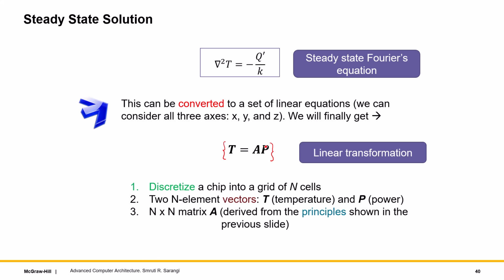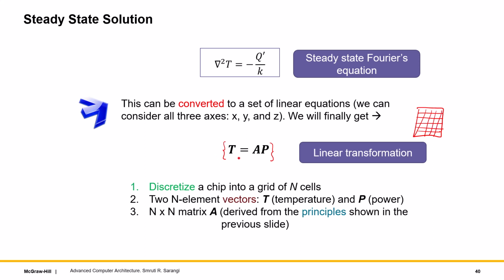Let's say this is the power vector and this is the temperature vector. What we do is that we take a chip and we discretize it into n cells. So given a chip, we either have n 2D cells or n 3D cells, but in any case, we break it up.